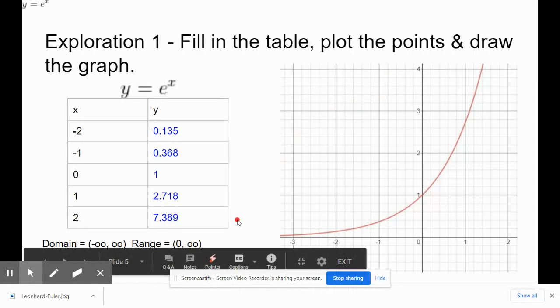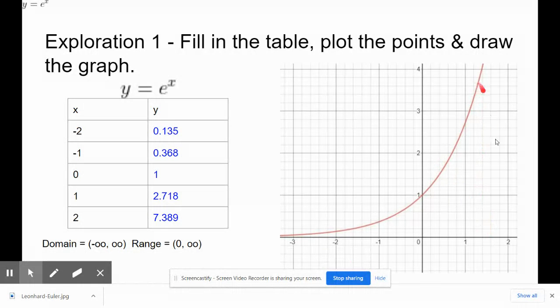Let's talk about the domain and the range of the graph for just a minute. As I move across the x-axis, I can always look to my left and see that there are points on this red graph all the way across.